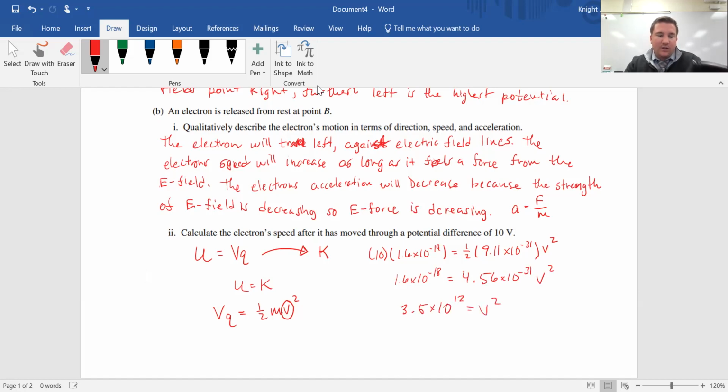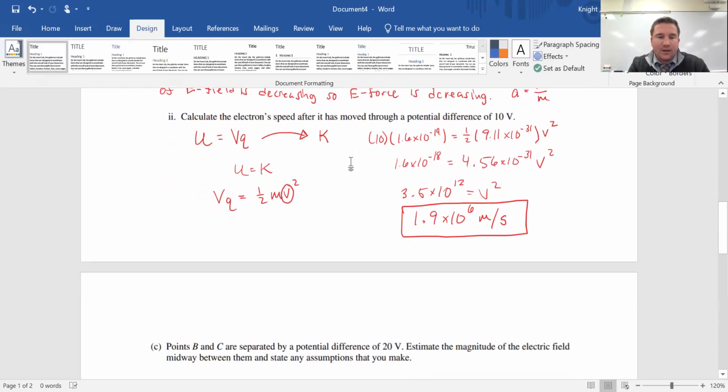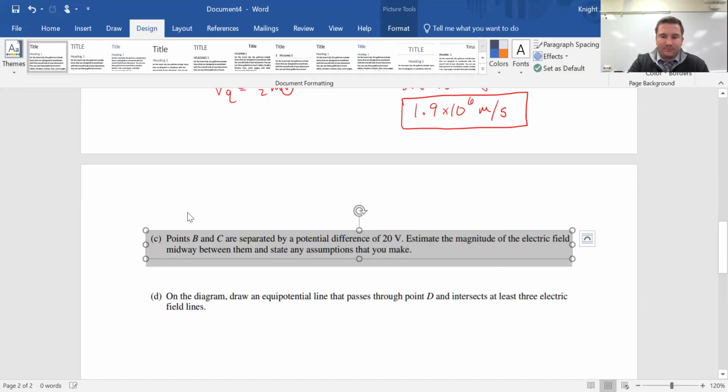Take the square root, and we get a velocity of 1.9 times 10 to the 6th meters per second as our velocity there.